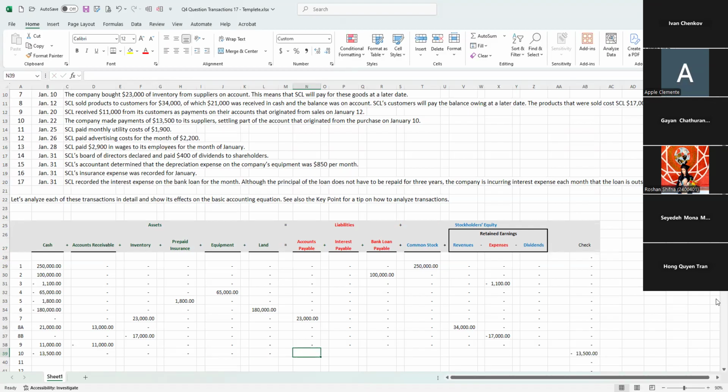What's going to decrease now? Decrease accounts payable for the suppliers. All right. Our account is going to go down now by 13,500. Did we clear our account? Not yet. How much do we still have to pay? 1,500.